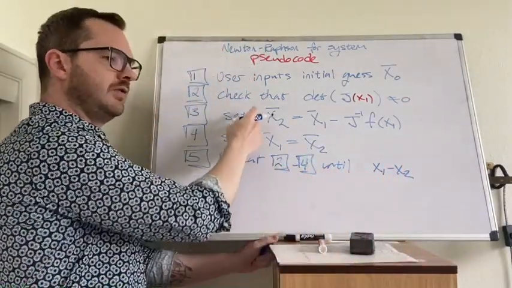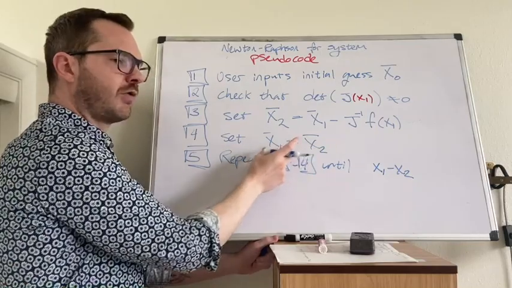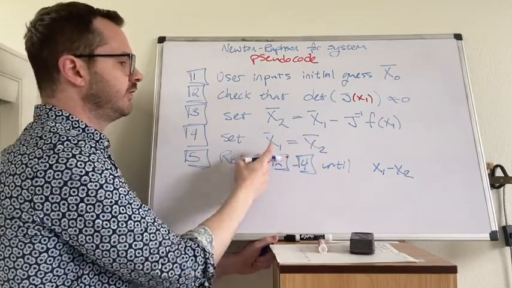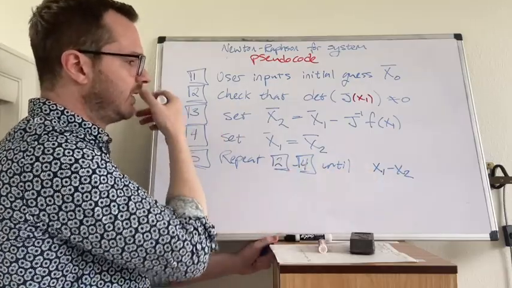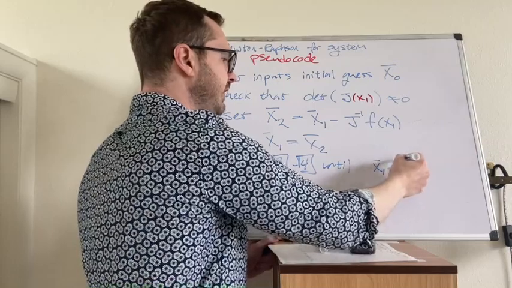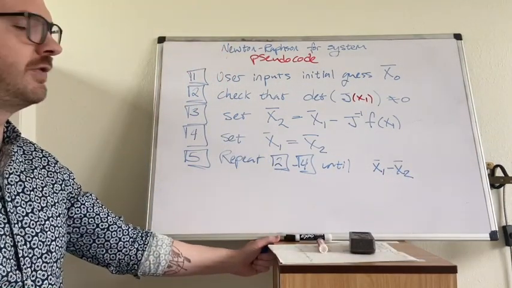So these are the updates. At step number 4, before you perform this overwrite, before you lose the data on the previous values, go ahead and perform this check here. So we want to perform x1 minus x2, but remember that these are vectors. So really what we want is the norm of the vector.